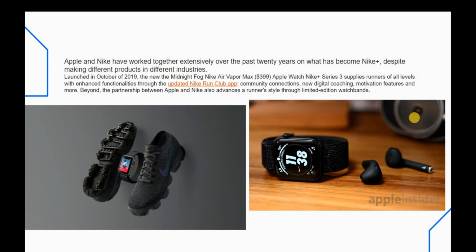They have worked together extensively over the past 20 years on what has become Nike Plus, despite making different products in different industries. So as you can see, you have the Midnight Fog Nike Air Vapor Max shoes, which fit perfectly with an Apple Watch and earpods from Apple.